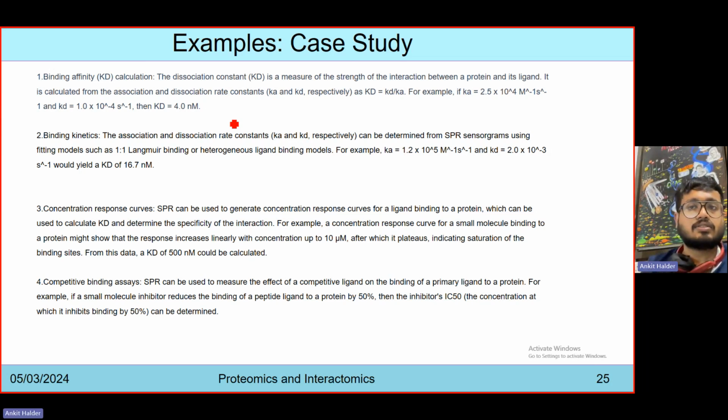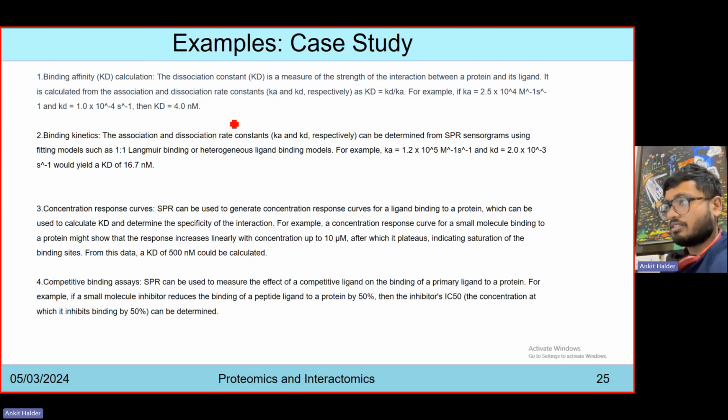Second is the binding kinetics. The association and the dissociation rates can be fit in different models, so this is for the fitting of those kinds of models. So for example, K equals this much, and the KD is 16.7 nanomolar. So you can try these examples on your own for a better understanding.